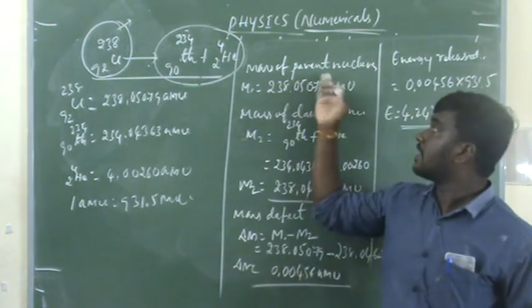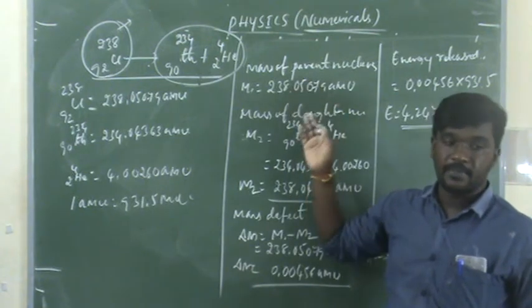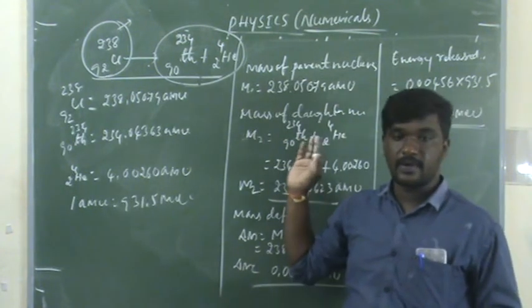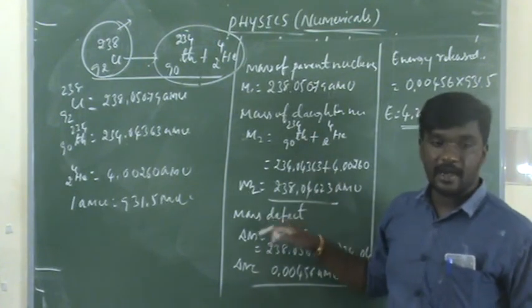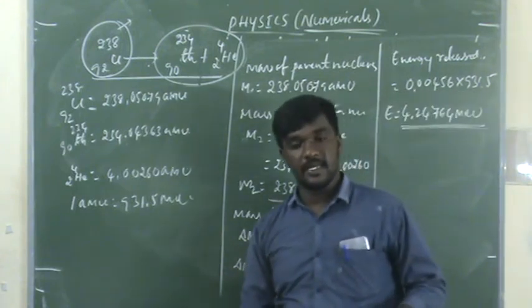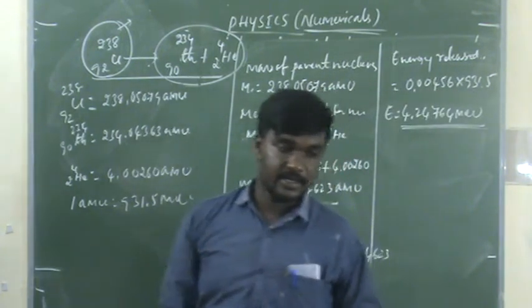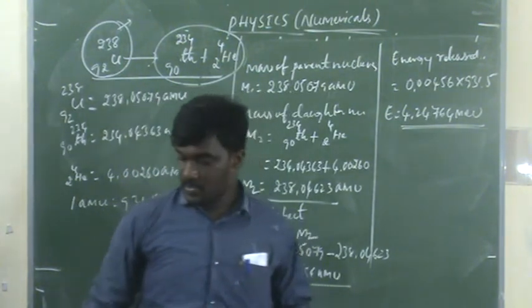So first we calculated the mass of the parent nucleus, uranium, and the mass of the daughter nucleus, thorium plus helium. Based on that we calculate the mass defect and the amount of energy released during alpha disintegration. Clear? This is the answer for this numerical.